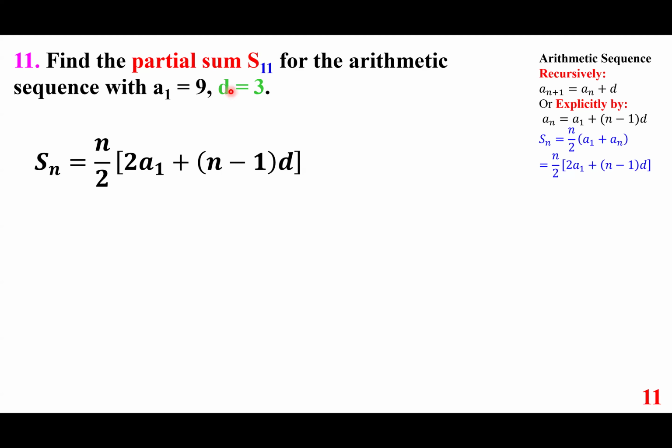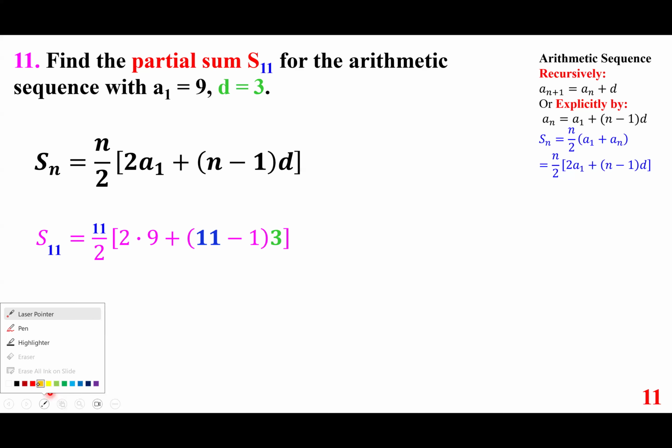So n is 11. We want S sub 11, 11 over 2, times 2 times 9 plus n, again, is 11 minus 1 times D, which is 3. So this is 11 halves, this is 18, this is 10 times 3, 30.